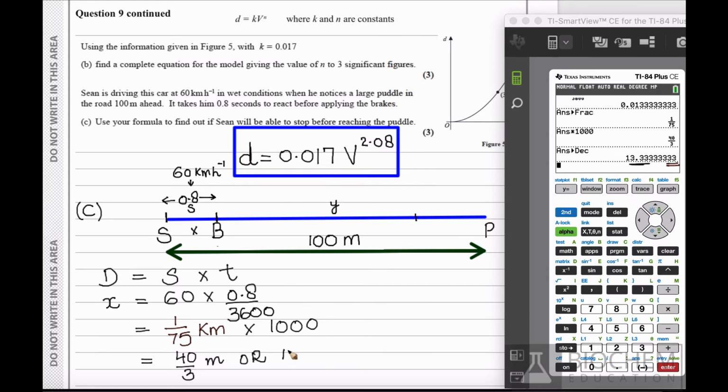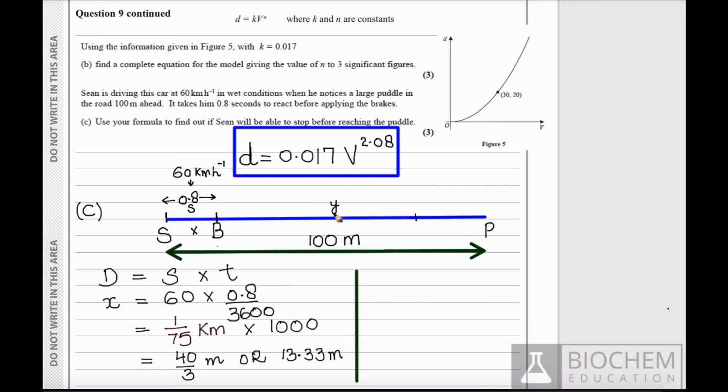We can write this in decimals as 13.33 meters. Now we have to find the distance y, the distance from the moment the brakes were applied to the moment it came to rest. Using this formula, we can apply d is equal to 0.017, the speed with which the car was traveling, that was 60 kilometers per hour. So we can input this here, 60 to the power of 2.08.